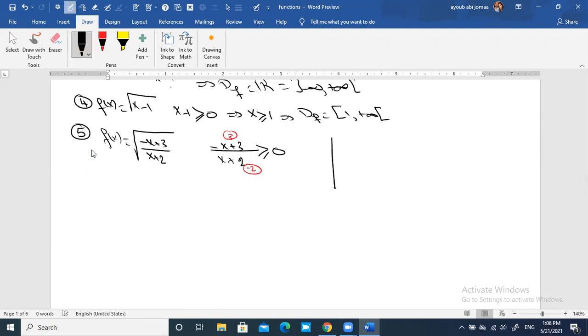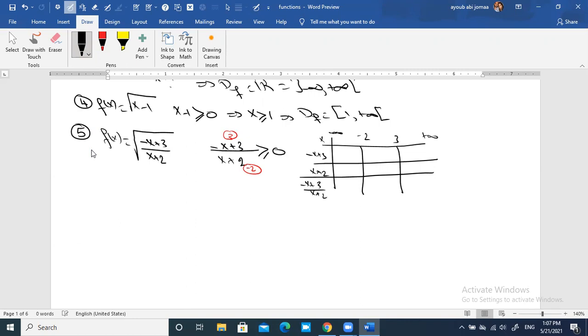The table we were working on in the previous lesson yesterday. Negative x plus 3, x plus 2, and then the ratio negative x plus 3 over x plus 2. The roots are negative 2 and 3. From negative infinity to positive infinity.